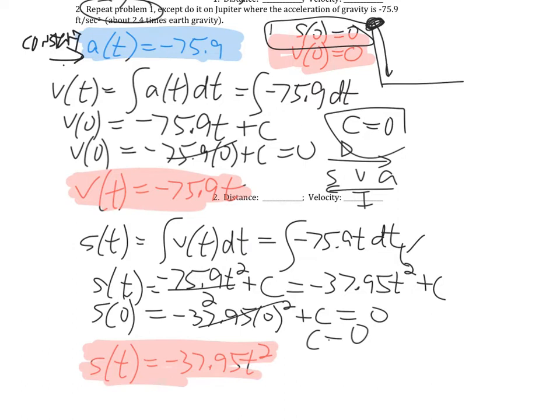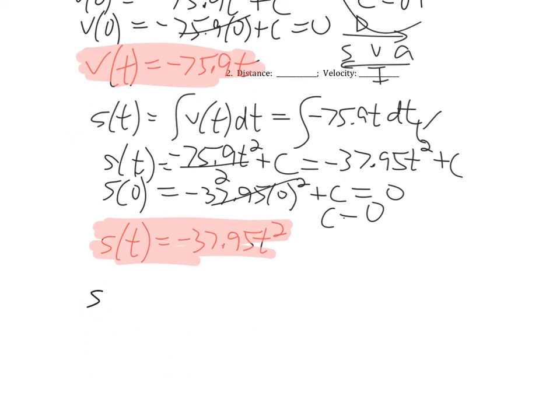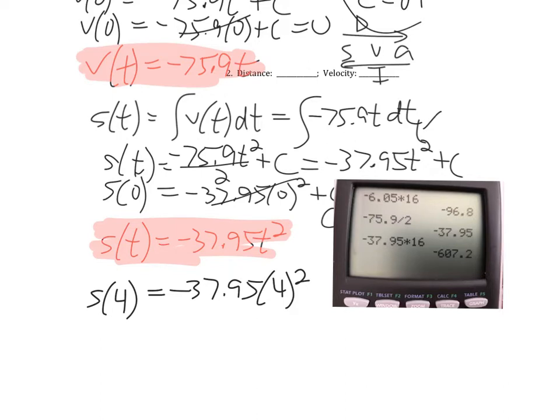So now the question says, what is the distance that this stone has fallen? Well, we're under the same conditions as problem 1. So it said after 4 seconds and hits the ground. So here we're going to find s of 4. So that's going to be negative 37.95 times 4 squared, or negative 607.2 feet.